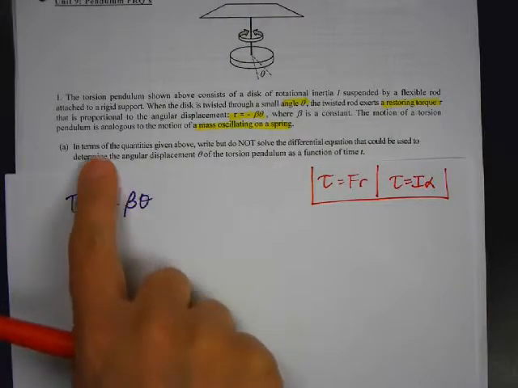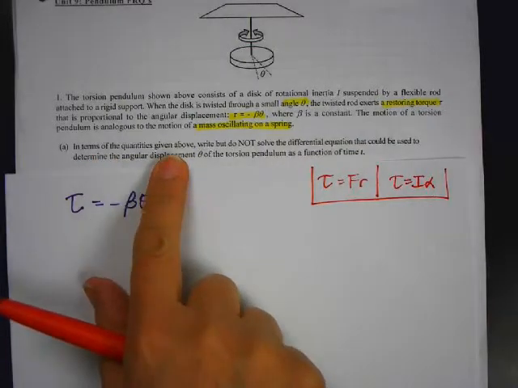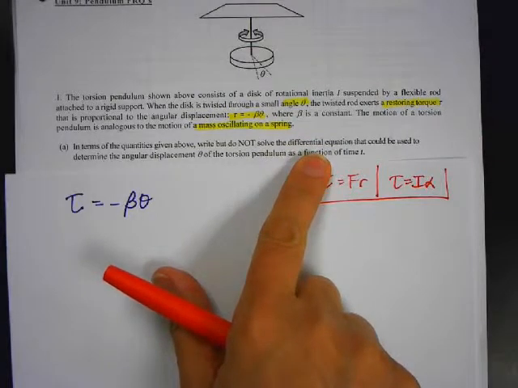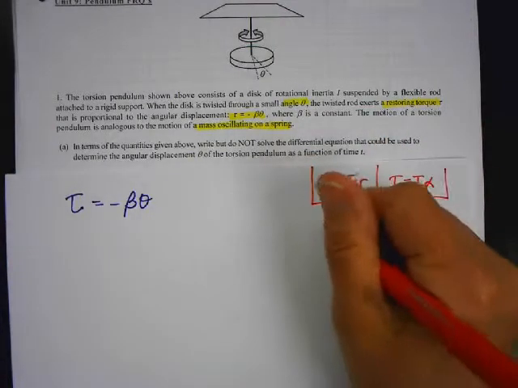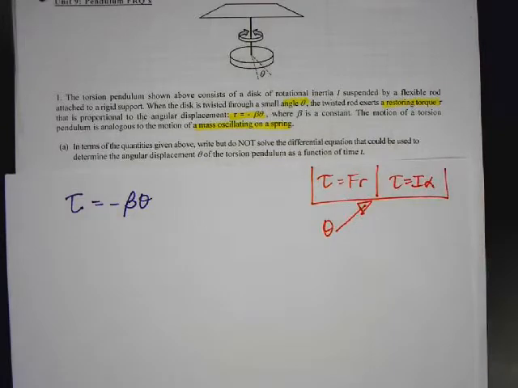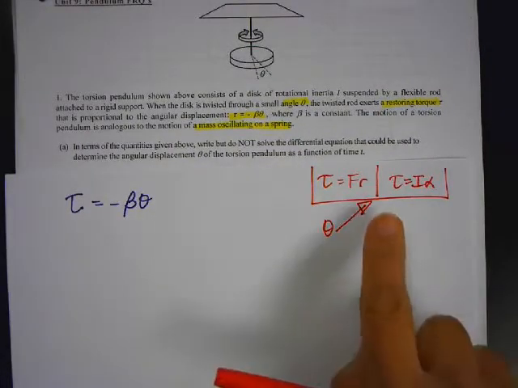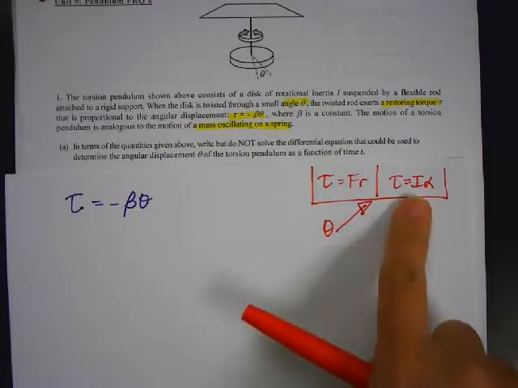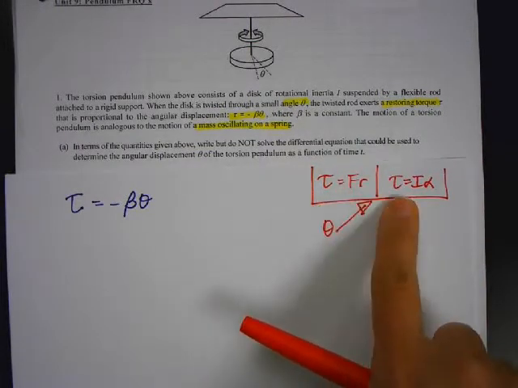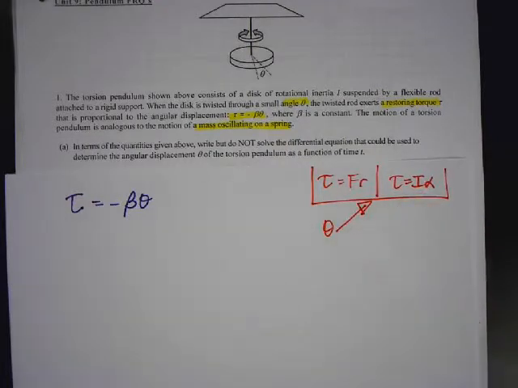But it says in terms of the given quantities above, write but do not solve the differential equation. A differential equation tells us we're going to be using calculus, and they want us to solve for theta. Is theta anywhere in here? No. But we're going to do the same thing that we did before, when we had tau and tau, we set these equal to each other.